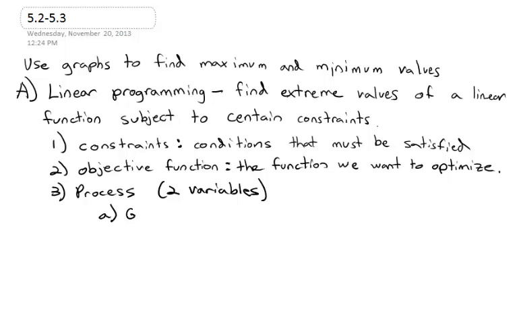What we are going to do is graph each constraint. And as we graph these constraints, they're usually going to be inequalities. We either want to be less than a value or greater than a value. So we're going to have to shade the graph to copy that.